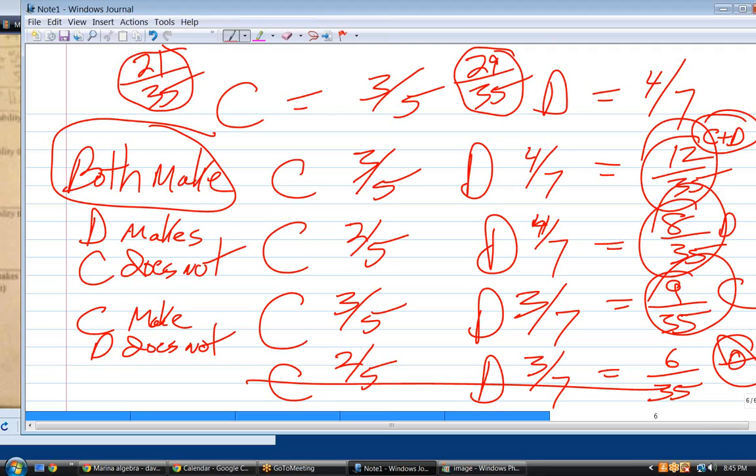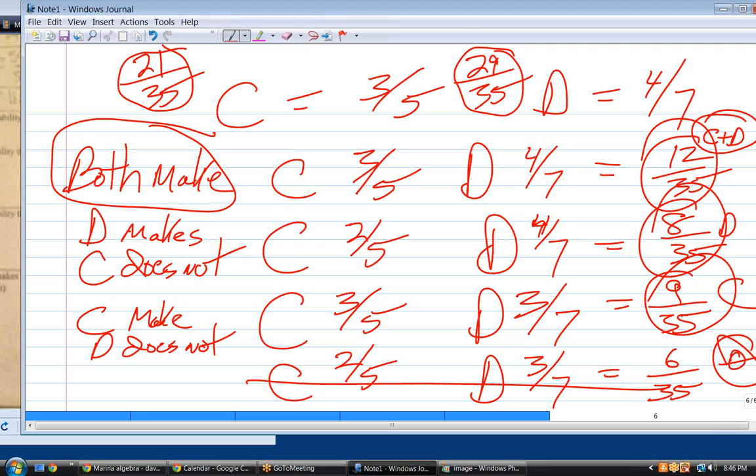That gives us the probability that at least one fish made it. 29 out of 35 times, at least one fish makes it. Yeah, the two fractions from C making it are also in there.